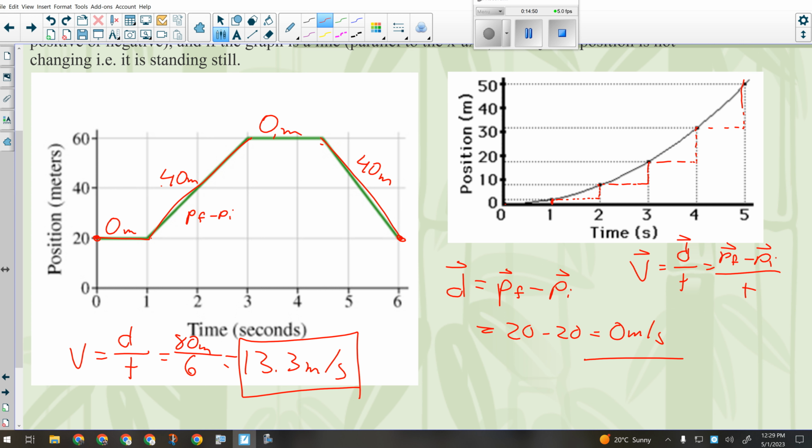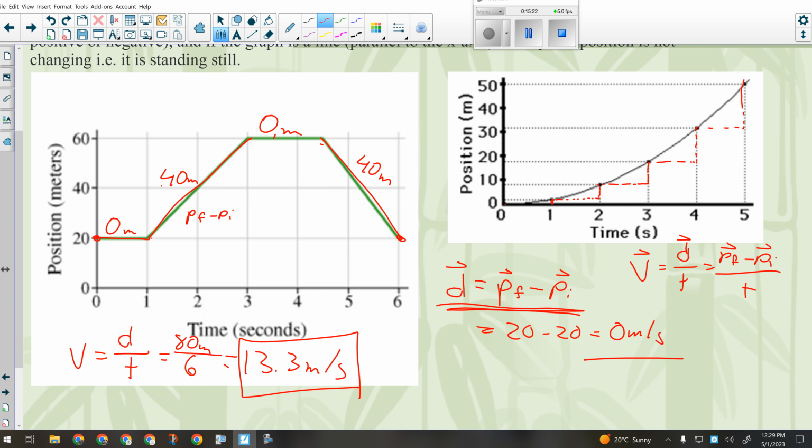Could I calculate from the second graph, the one on the right, the total displacement of this object? Final position minus initial position is how we calculate displacement. So what's my final position? 50 meters.